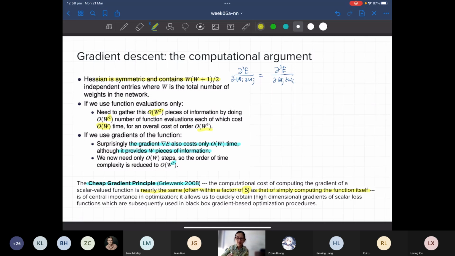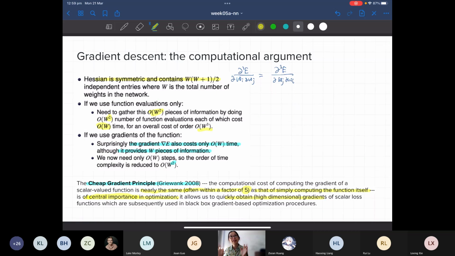And this is essentially the central tenet and the go-to tool in numerical optimization, which underlies almost all the training we do. Right? Even when we do linear algebra, we need to do some numerical computation. So this allows us to quickly obtain high-dimensional gradients.